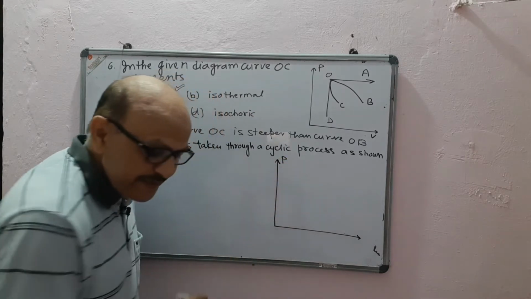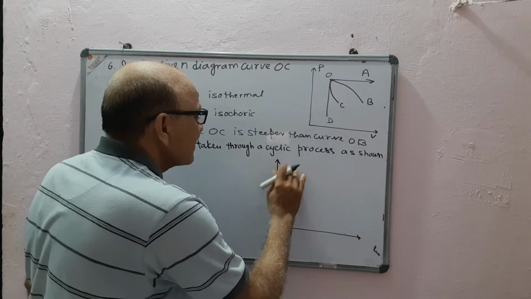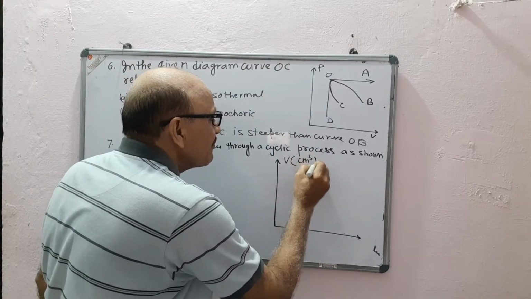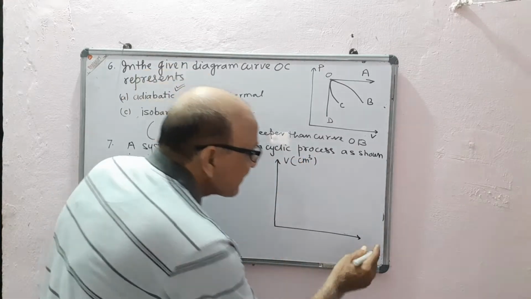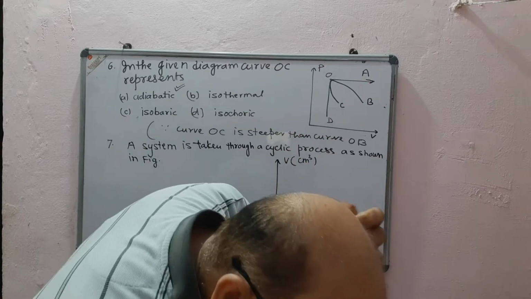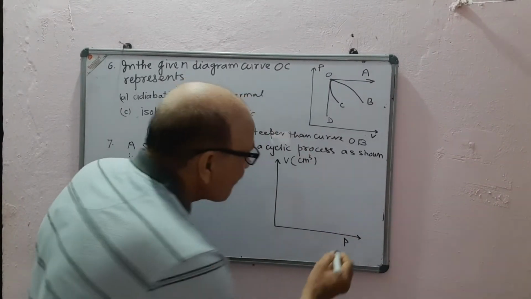This is the volume axis in cm cube, and this is the pressure axis in kilopascal.